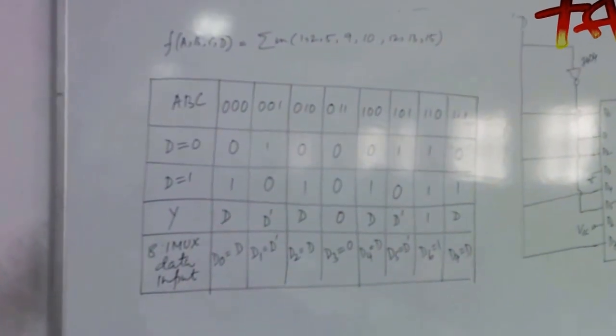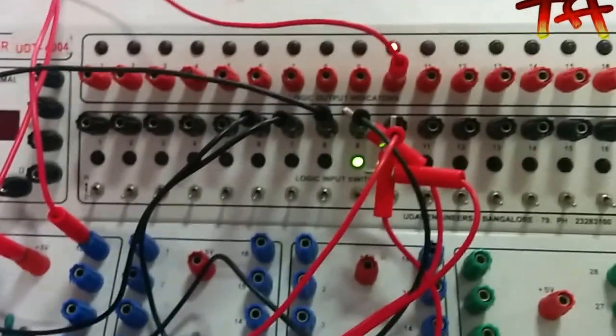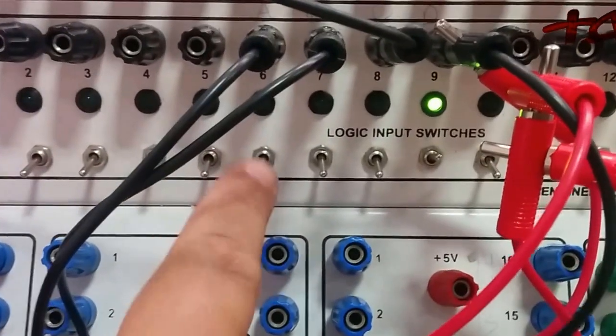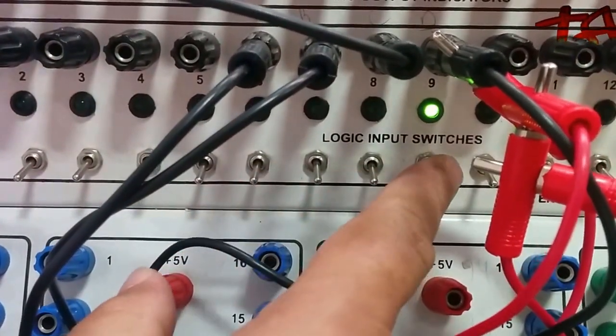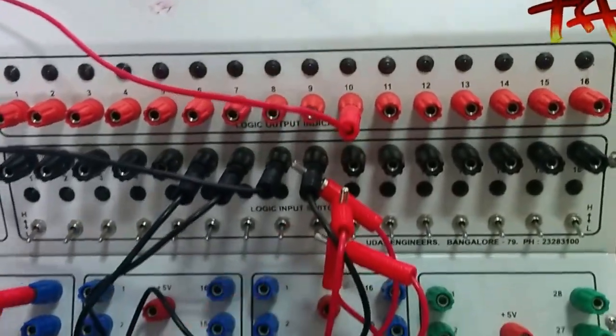You should see that the output is high when I give input 0 0 0 1, which is decimal 1. You can see the output is high.